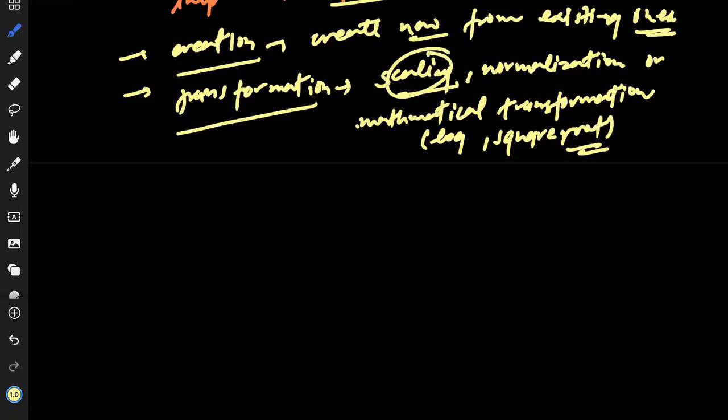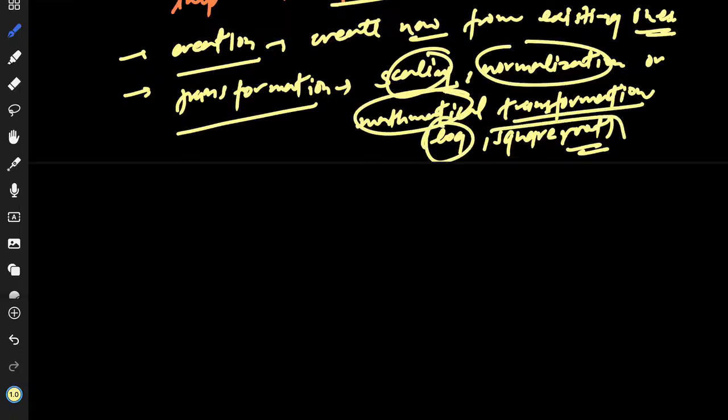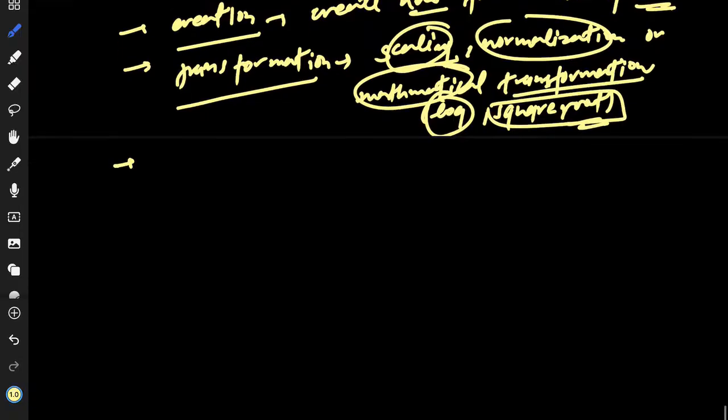So we can scale, we can normalize, we can transform mathematically, like using log. So these are the transformation techniques.